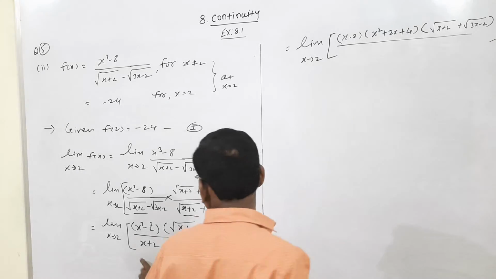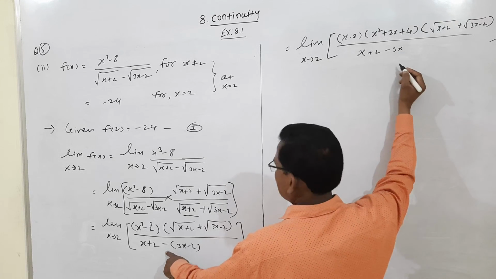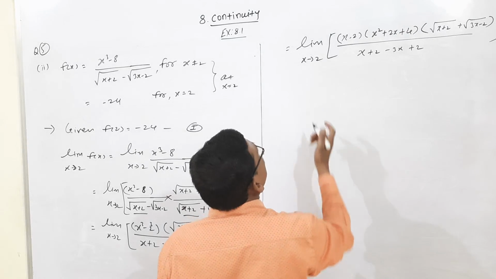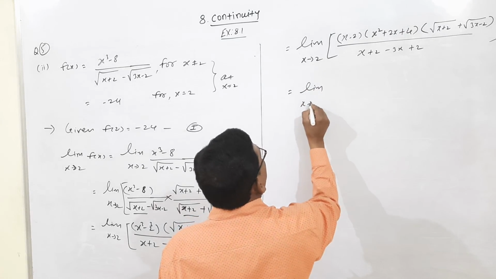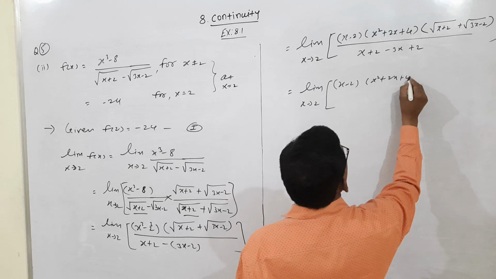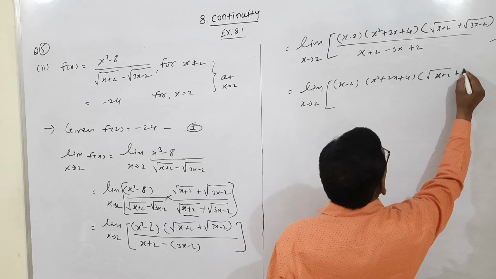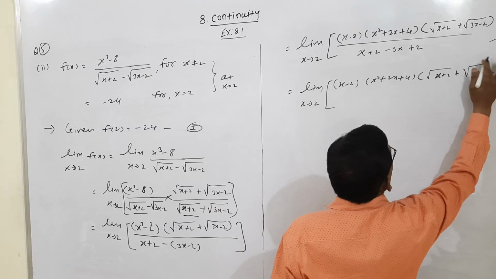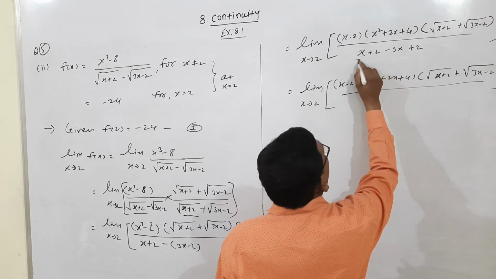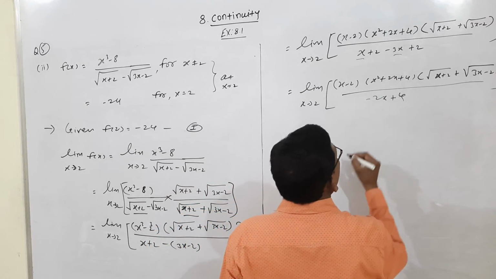And in the denominator, x plus 2 minus 3x plus 2. So we get x minus 2 times x square plus 2x plus 4, times root of x plus 2 plus root of 3x minus 2. Here x minus 3x is minus 2x, and 2 plus 2 is 4.